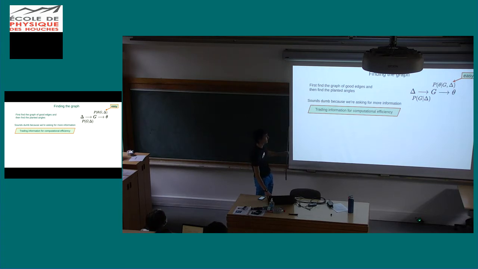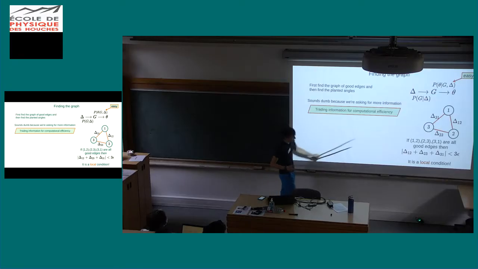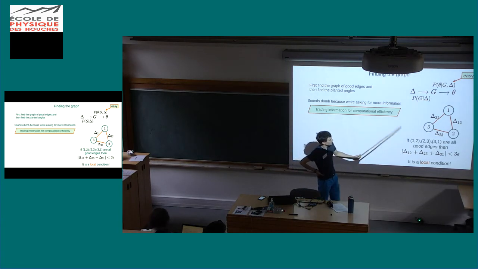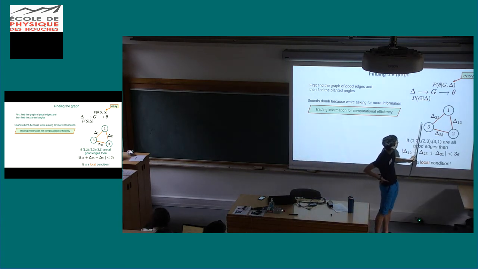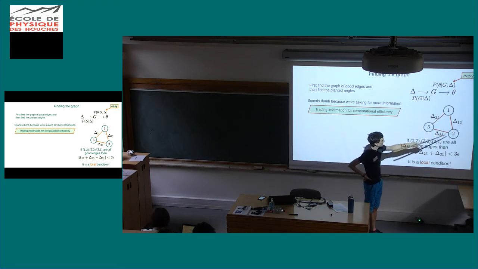In fact, it turns out that if you find the graph, then there are polynomial algorithms which are easy to implement. So how do you find the graph? Basically, you want to exploit information about the cycles. If all three edges on a triangle, or all edges on a cycle, are good, then when you sum them, you are summing differences, and so you get something that is close to 0.